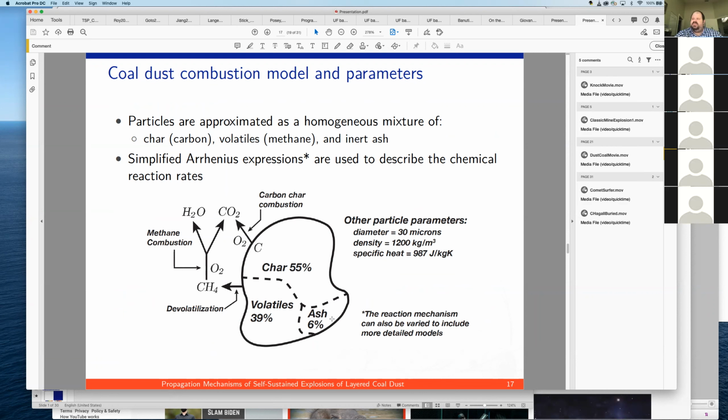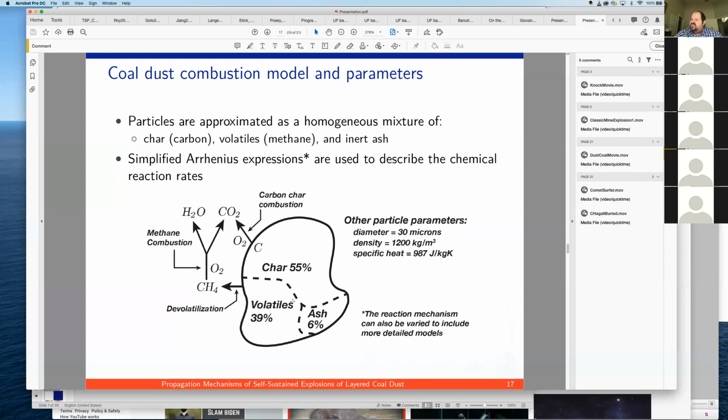They are never spherical, but computationally you have to treat them as spherical because you don't know enough about their shapes. But you can think of the particles as being a homogeneous mixture of char, which is basically carbon, some gaseous volatiles, and then inert ash.